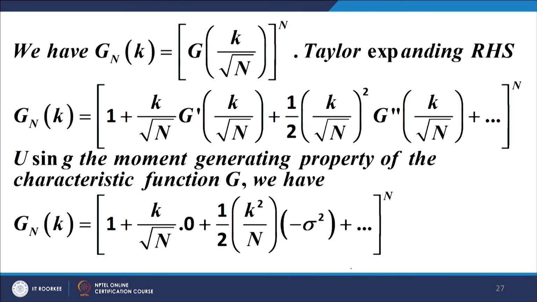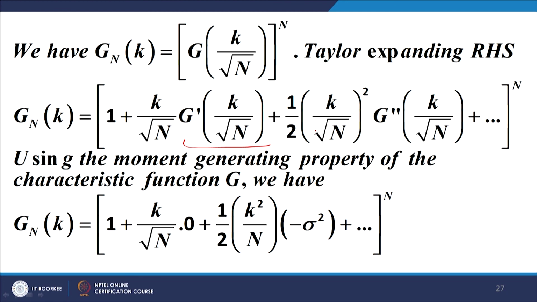Now, you can expand the right hand side as a Taylor series. If you expand it and use the moment generating property of the characteristic function, the first moment, remember we have taken the mean as 0, becomes 0, and we have taken the second moment as sigma square.